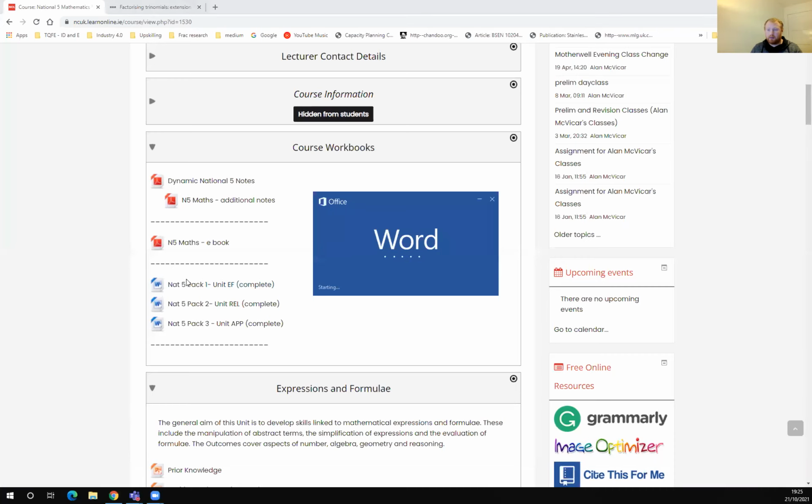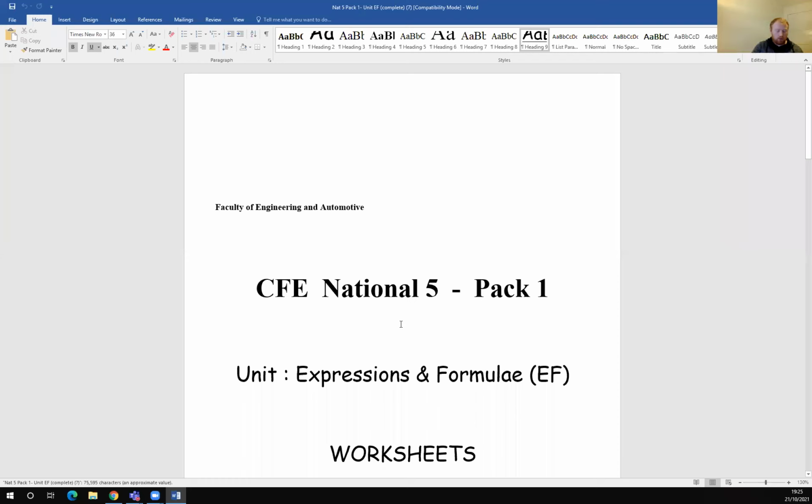In this pack, pack 1, unit EF, it should be pages 26 and 27, and questions 14 and 15. So let's just have a wee look at what the questions are.